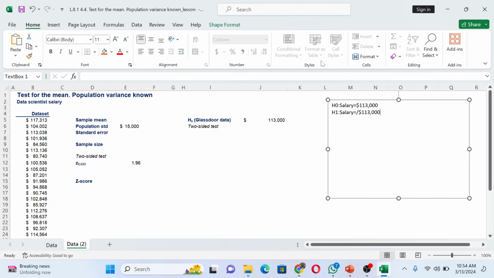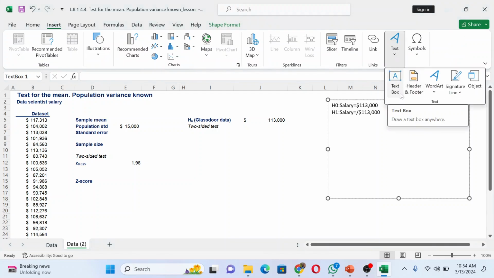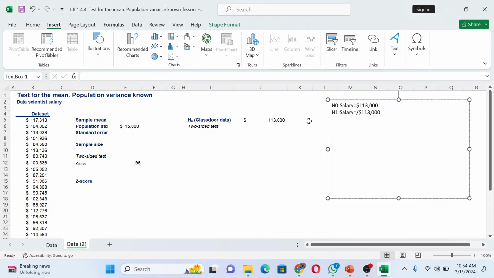For the text box, you come here, insert, then it is somewhere here. When you click this arrow, you can get the text boxes, the first one. So we want to test if they are going to maintain the status quo or not.